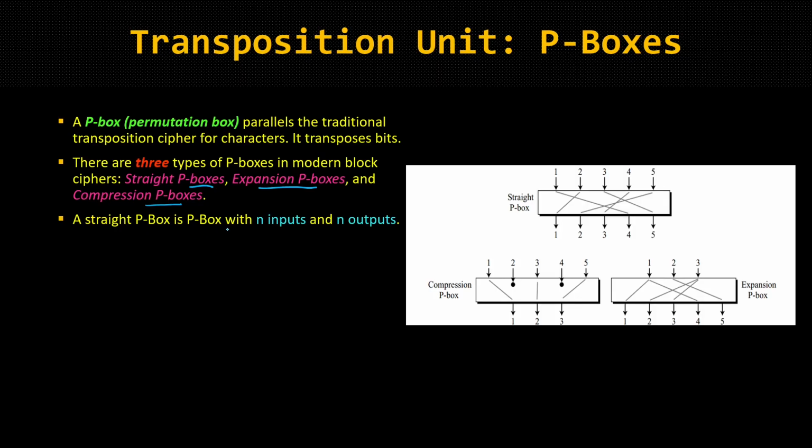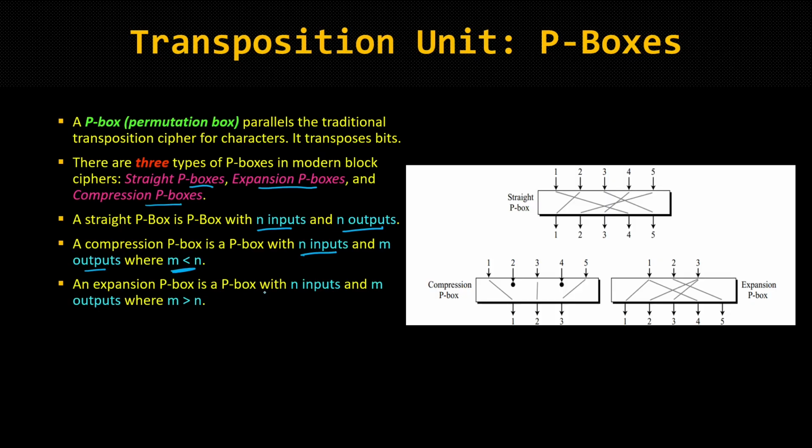A straight P box is a P box with n inputs and n outputs. A compression P box is a P box with n inputs and m outputs, where m is less than n. And an expansion P box is a P box with n inputs and m outputs, where m is greater than n.